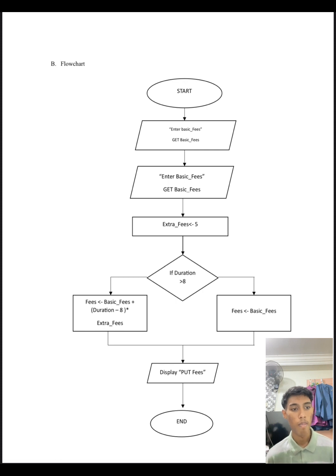After that, in the output shape, I put display and quotation marks, fees. And the last one, still in the oval shape, I put end, because that is the last symbol in the flowchart. So I think that's all. Thank you.